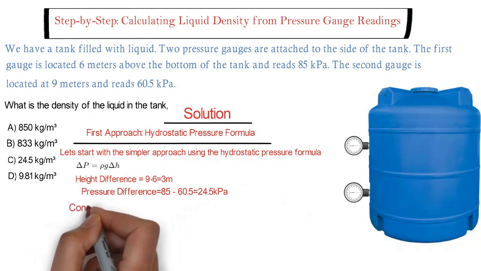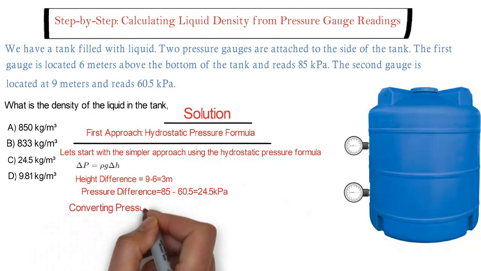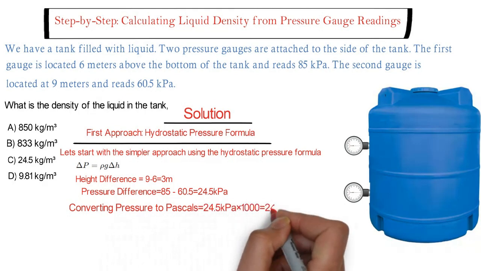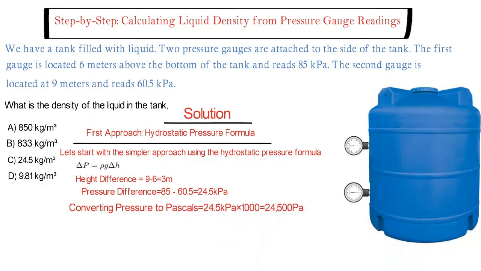And because here we want to solve for kilograms, we have to convert the kilopascal to pascal. As you know, the pascal is Newton per meter squared, and it's easy to convert the Newton to kilogram by dividing by 9.81.